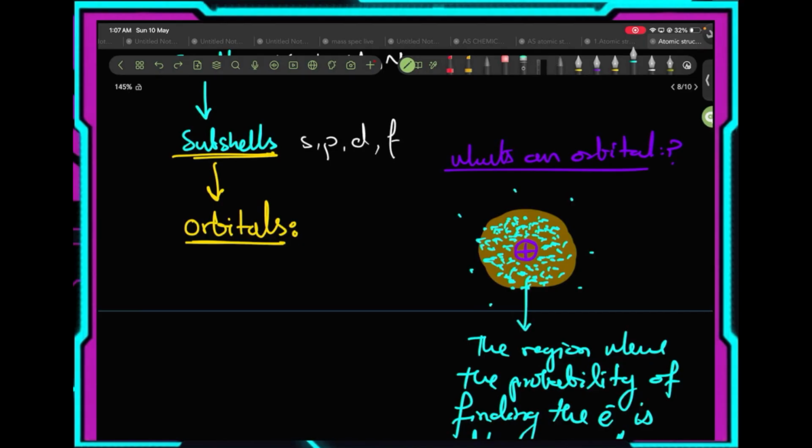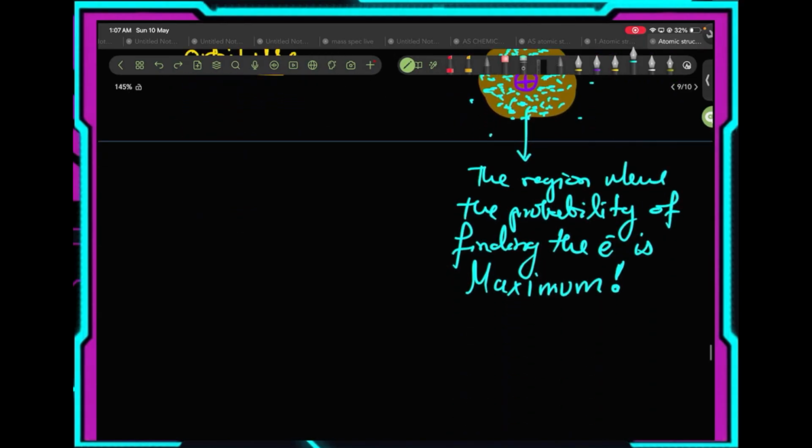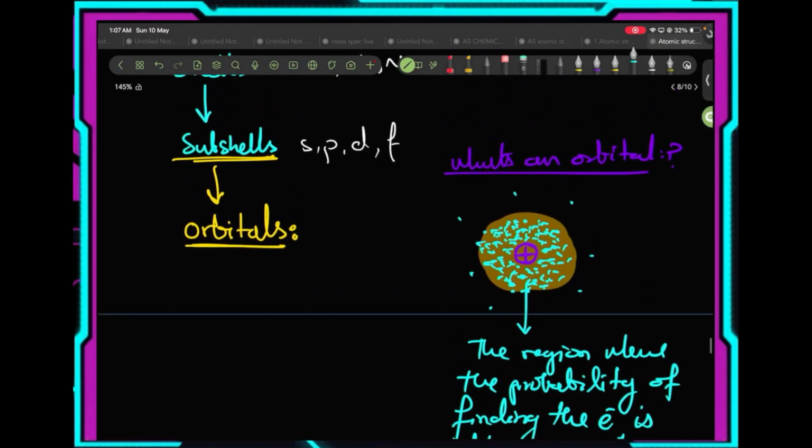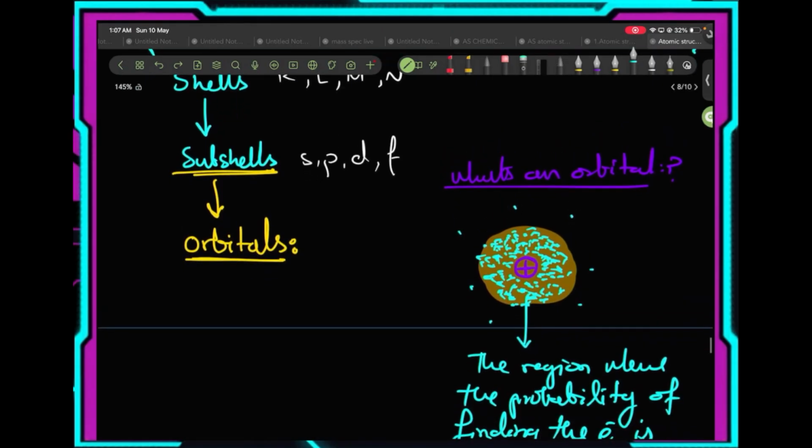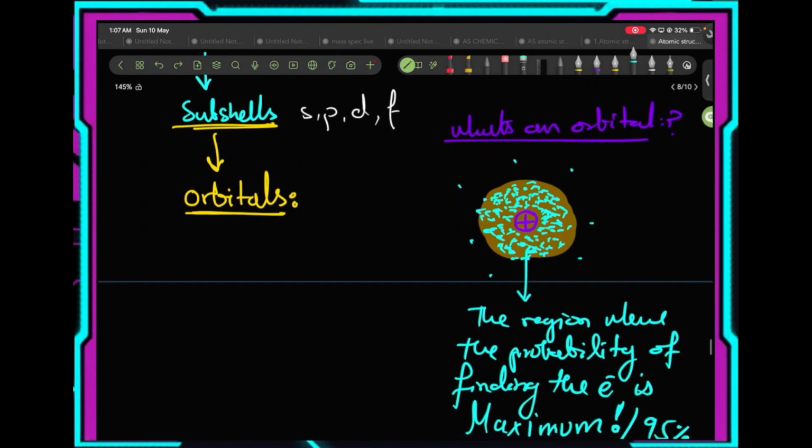Or you could also say 95%. So 95% of the time the electron will be around this region over here, but 5% of the time you will also find it outside this region, in these spots. So what is an orbital? It is basically the region around the nucleus where you will find the electron 95% of the time.